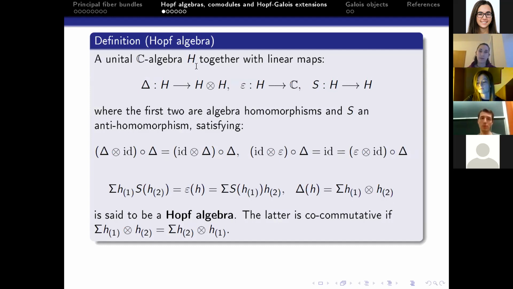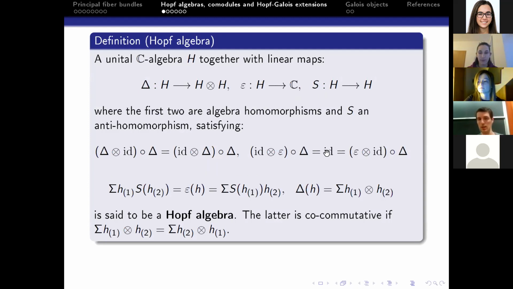A Hopf algebra is, for us, an algebra over the field of complex numbers, H, together with three linear maps, delta, epsilon, and S, where the first two are algebra homomorphisms, and S is an algebra anti-homomorphism, meaning that it reverses the order of products, such that we have this equality here that we call co-associativity, and it is, in the case of the algebra of the group, just the associativity of the group.